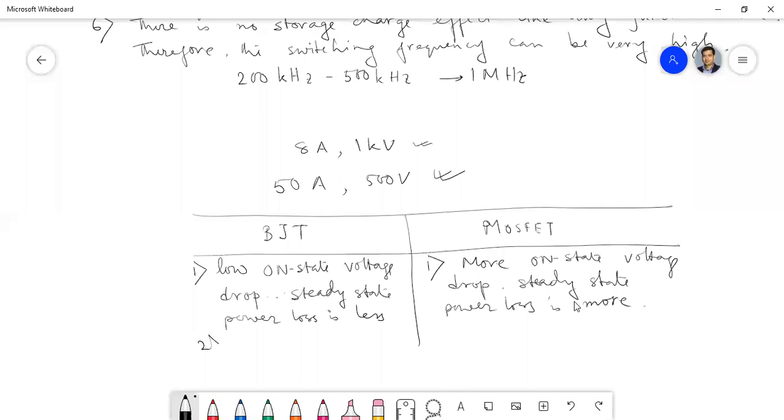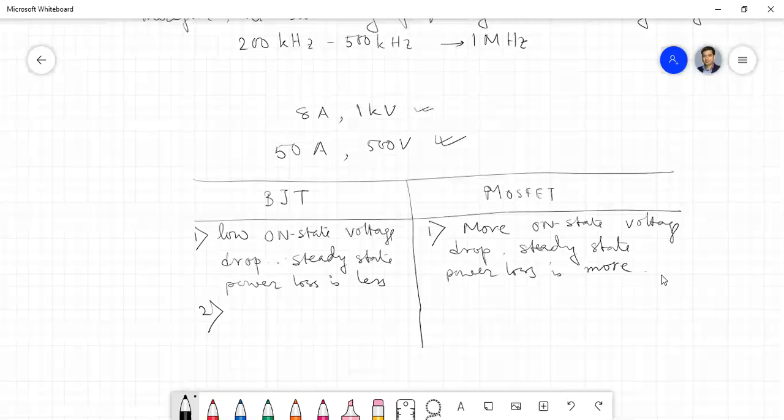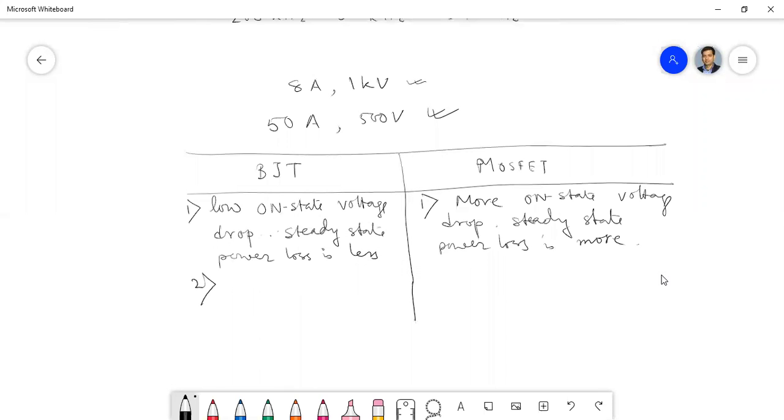Number two, another important characteristic of any device, that is the switching frequency. For BJT, it is lower, as it has this junction problem, that is the storage charge effect. Is that clear?